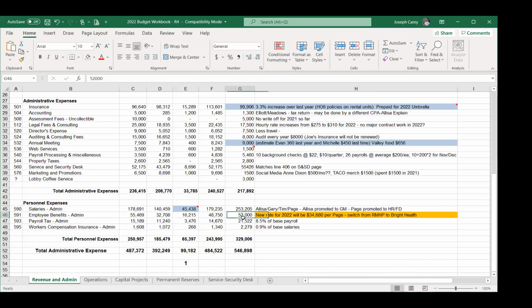Our net cost for our staff employees next year, instead of being 55,000 or higher like it was this year, is going to be 34,680. So we saw a significant decrease in the premium cost.